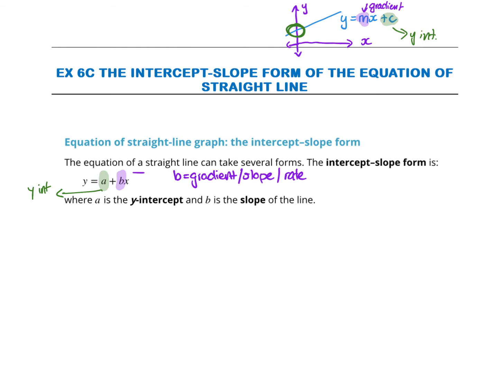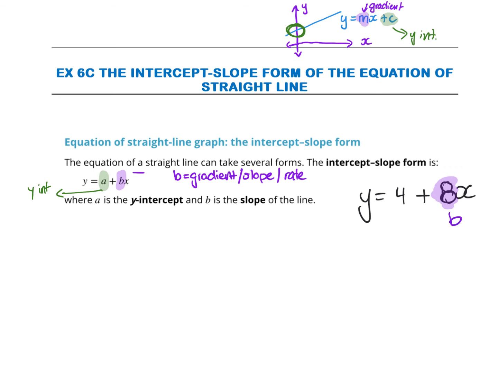When the formula is written with, say, 4 plus 8x, that's in intercept-slope form. This is the slope, the b value, so now we're going to call that b.